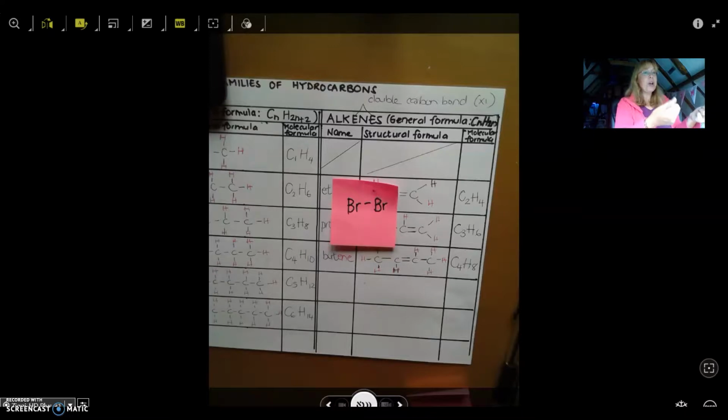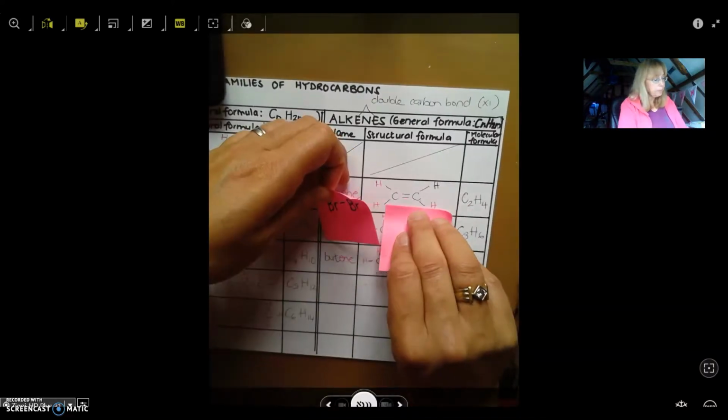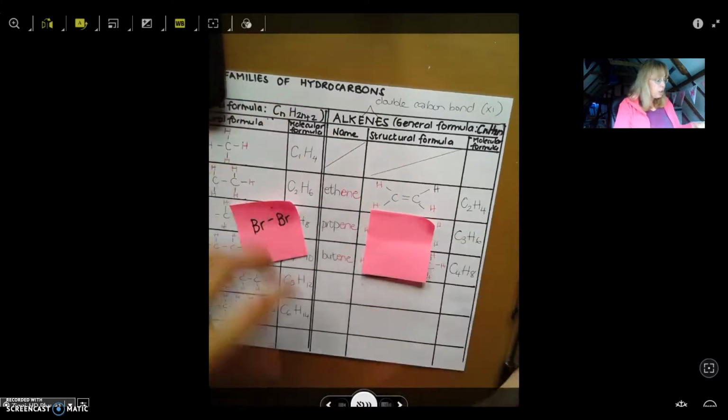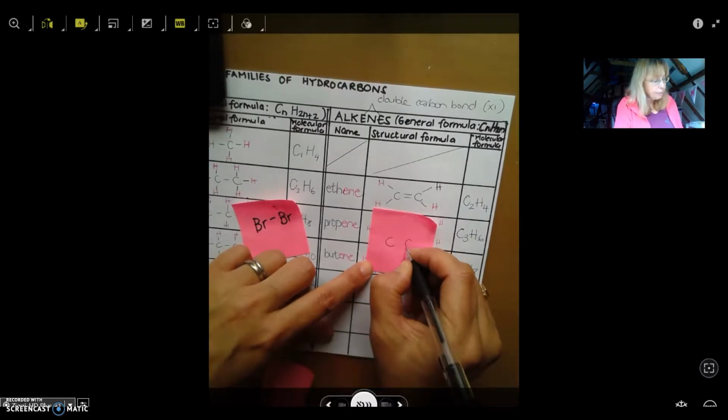Now, if bromine comes along, you've got the opportunity to let go and join on with the person next door. So this is exactly what happens. When bromine comes along, this ethene molecule is going to go, yes, I can let go of that double bond.